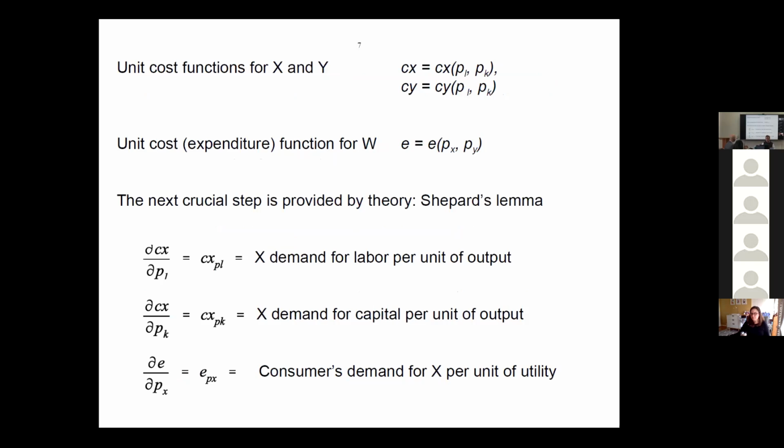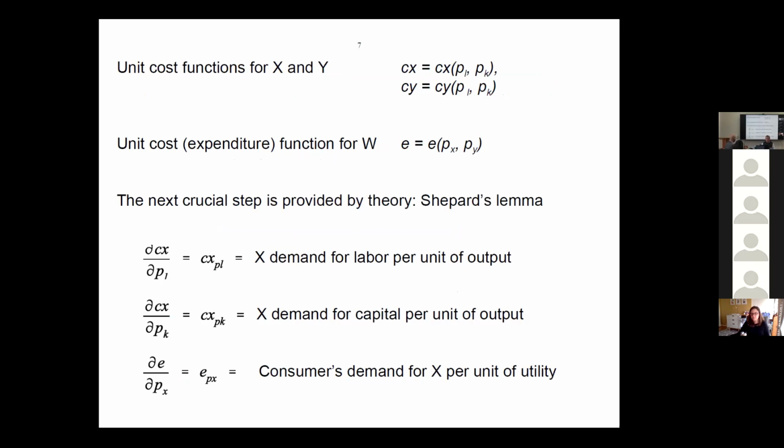Okay, so hope you had a chance maybe to read those notes, that JGEA paper. What you want to do is convert from the production functions to cost functions. Unit cost. What is the minimum cost of producing a unit of X at prices PL and PK, or the factors of production?